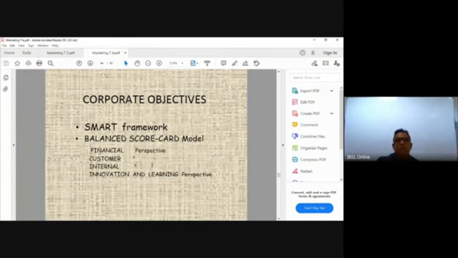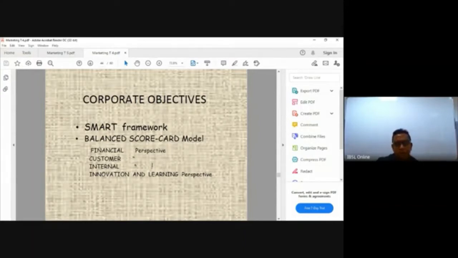That can be made more specific: we want to increase our home loan portfolio by 25% year on year, or 25% over 2020 by end of 2021.